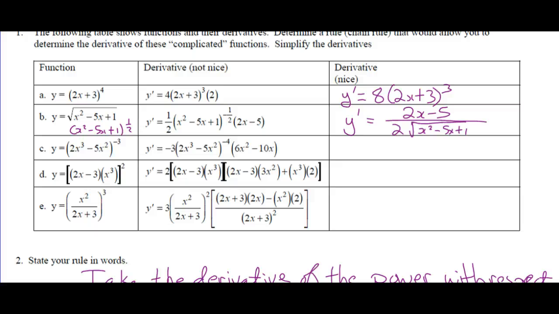The third one is going to take a little bit more work. So let's go down here. Okay, what have we got? Y prime is equal to negative 3 times 2x cubed minus 5x squared to the negative 4 times 6x squared minus 10x.